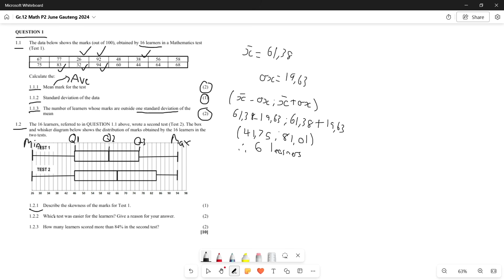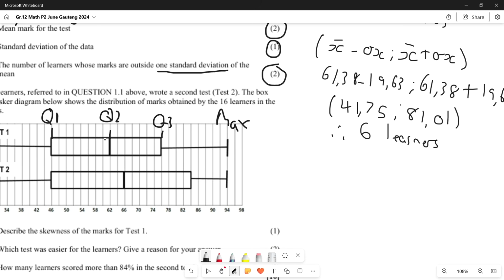But at this stage, what we're doing is we're describing the skewness of the marks for test 1, for 1 mark. The way that we do that is we generally try and look at the shapes of how they are slanted. If something is more to the right, it is generally skewed left. If something is more to the left, it is generally skewed right. But the most accurate way to determine this is to write down our mean over here and compare it to our median. So if we're going to zoom in, we see that our mean is 61,38, correct, from the previous calculation.